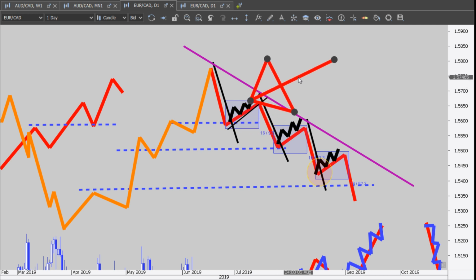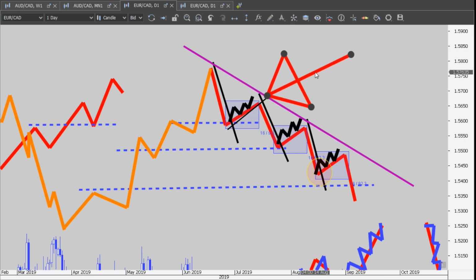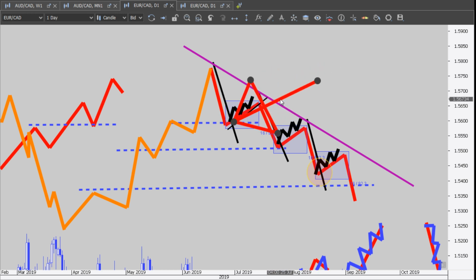Okay, you can take your profits near the downtrend line, but you must be out when the market breaks the counter trend line, when and if you want to trade retracements.